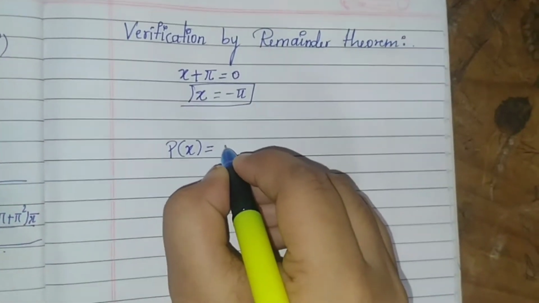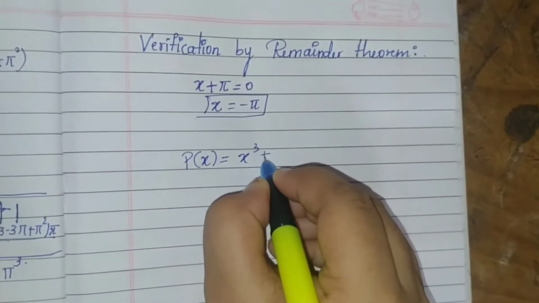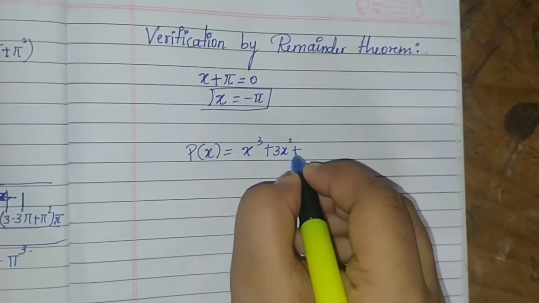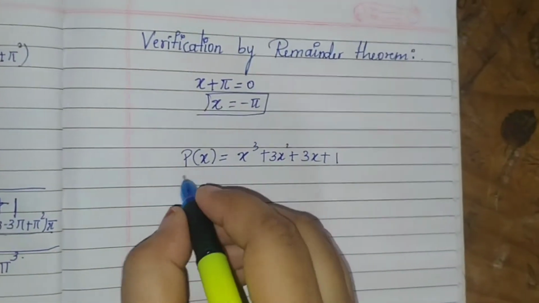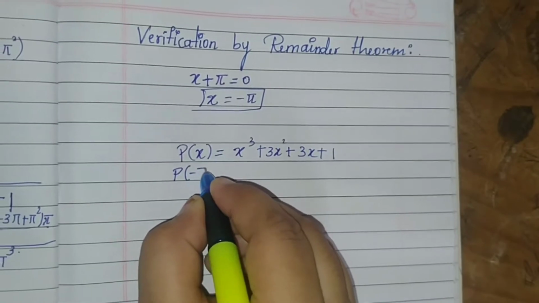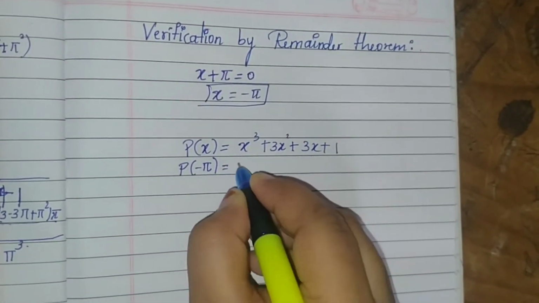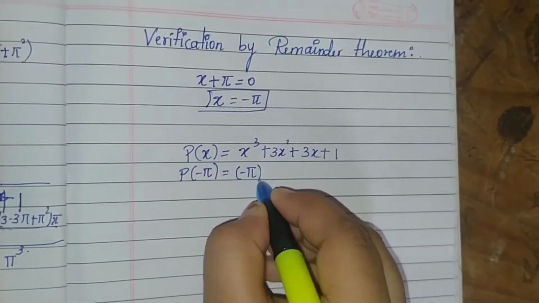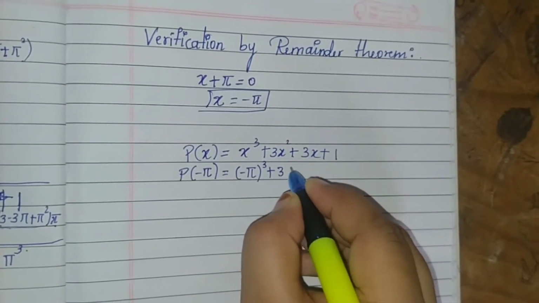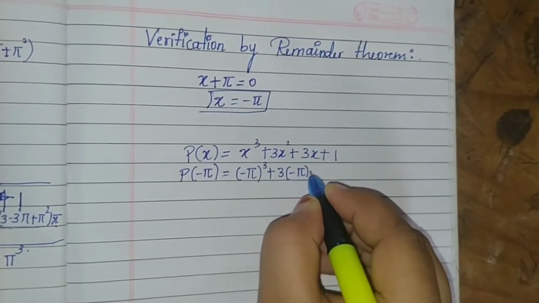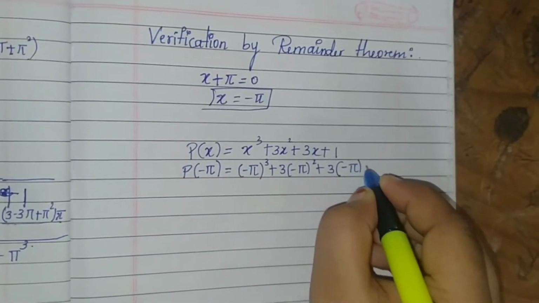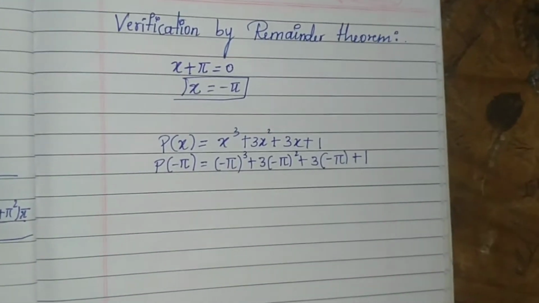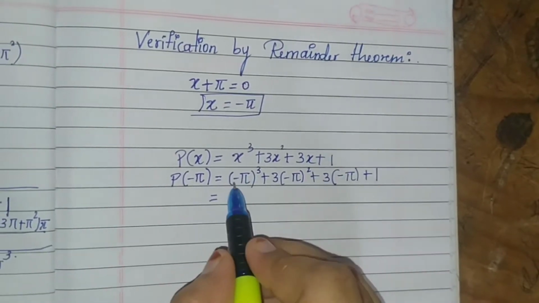That means p of x is equal to x cube plus 3x square plus 3x plus 1. Okay, so after that, p of minus pi is equal to minus pi the whole cube plus 3 into minus pi the whole square plus 3 into minus pi plus 1. Okay. So this will be equal to, you know, right?